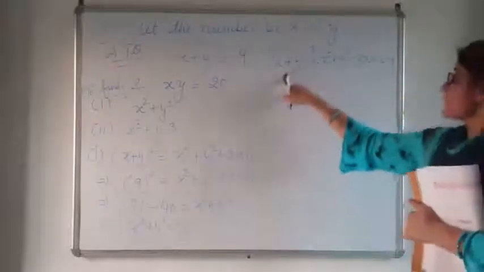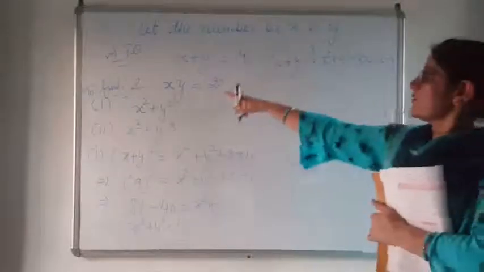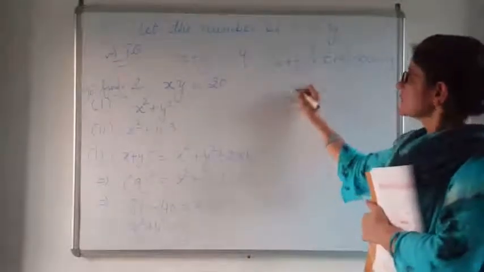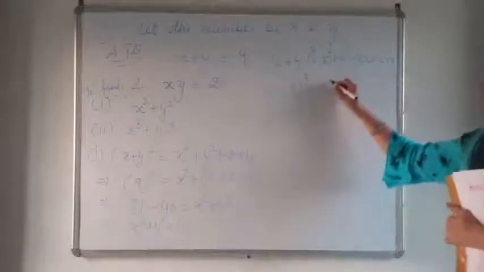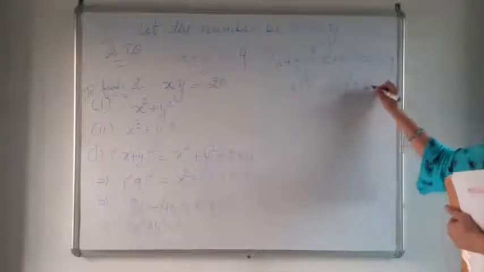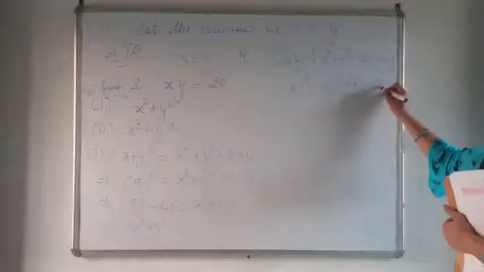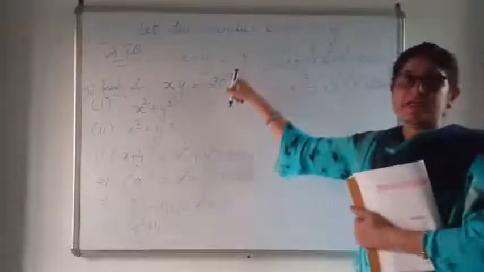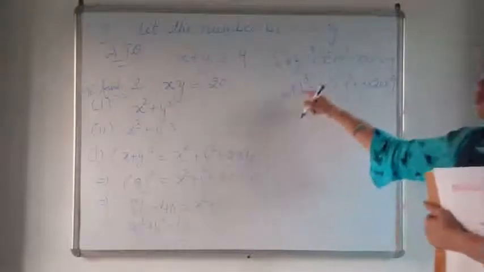We substitute x plus y as 9 and xy as 20. So 9 cube equals x cube plus y cube plus 3 into, what is xy? xy is given as 20. And what is x plus y? It is 9.